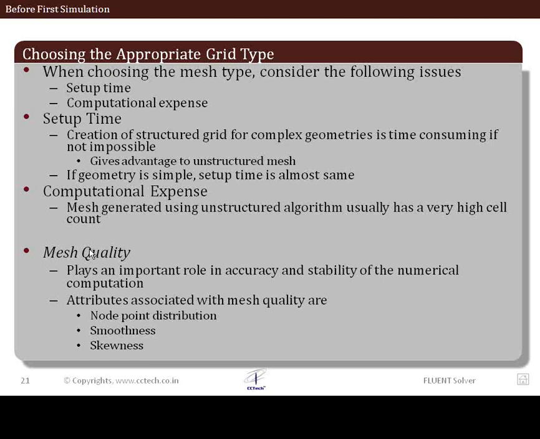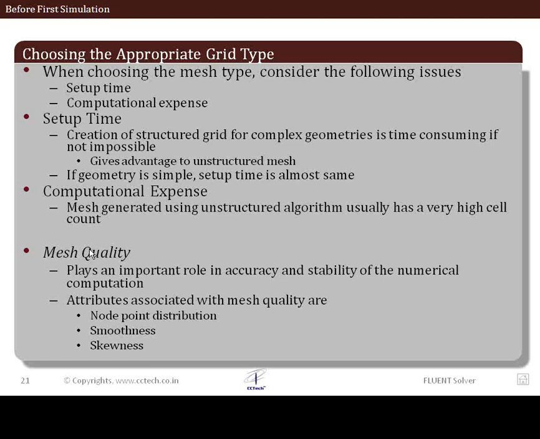Skewness can be defined as how much your given element, let's say it's a tetrahedral mesh, how much are the tetrahedral elements in your domain differing from an ideal tetrahedral. If I'm speaking about an ideal tetrahedral, it is a tetrahedral which has equilateral triangles as the faces which contribute to the overall tetrahedral element. So how much your element is deviating from an equilateral faced tetrahedral element, or if it's about, let's say, a 2D mesh, an ideal quadrilateral would be a square.